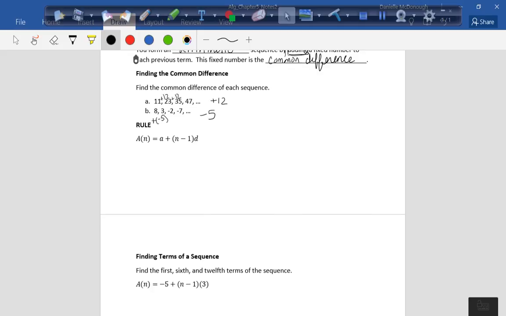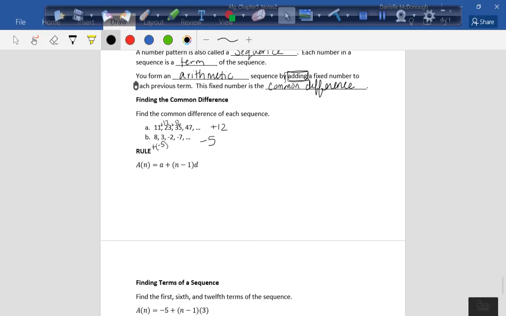And here's a rule for arithmetic sequence. So let's just go through and label this rule first of all. n is the number term it is. So is it the first term in the sequence, the second term in the sequence? What a stands for here, this lowercase a, this is the first term.